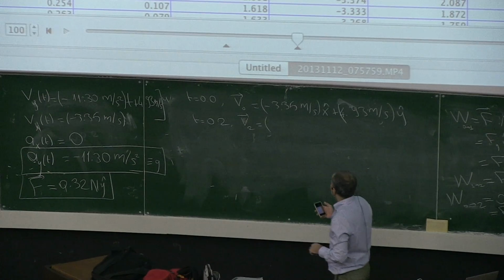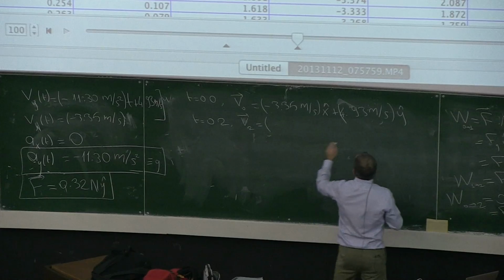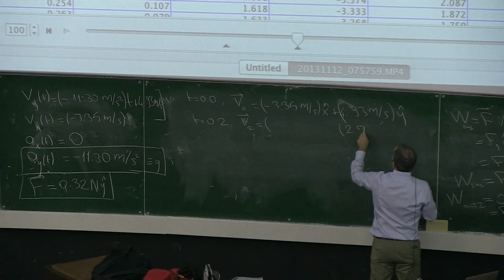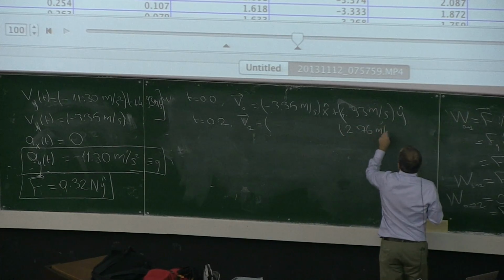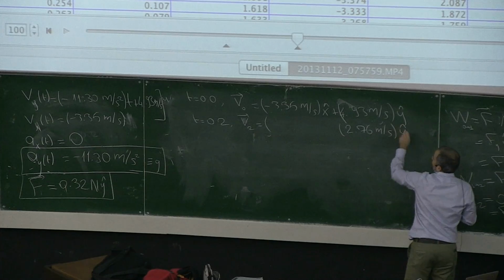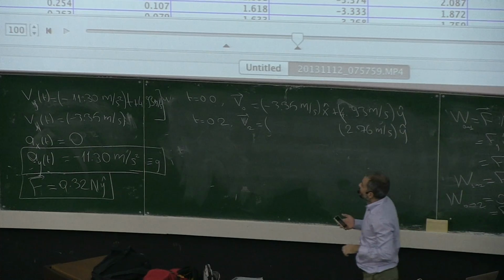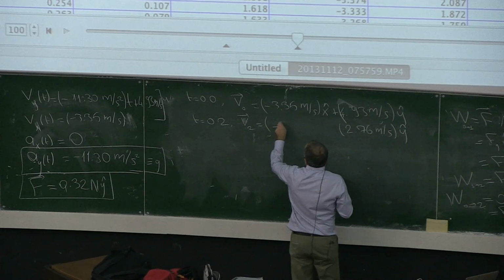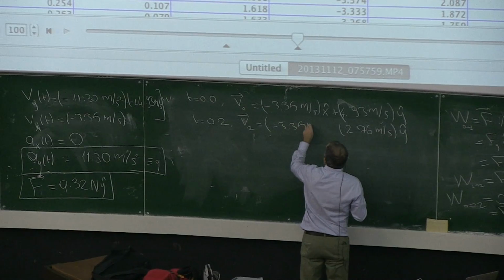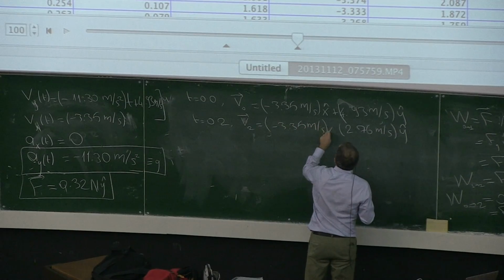It is 2.76. Well, the y component is 2.76 meters per second in the y direction. And in the x direction, it is again minus 3.35 meters per second.